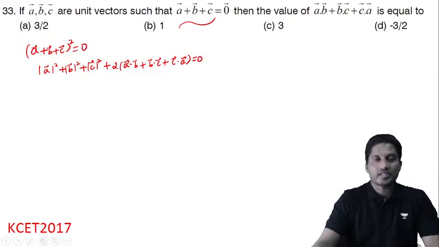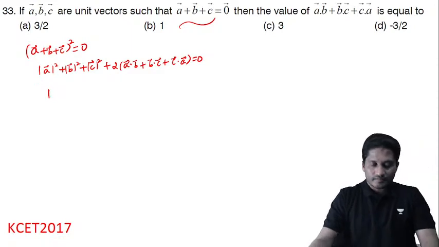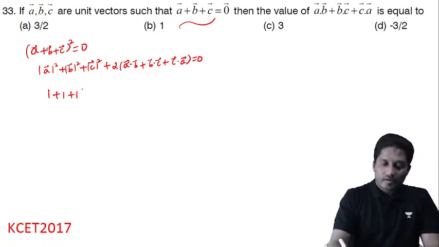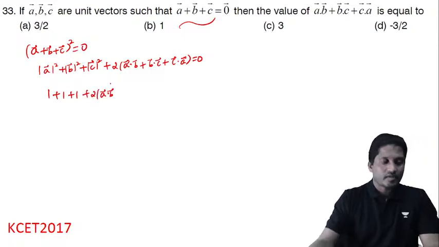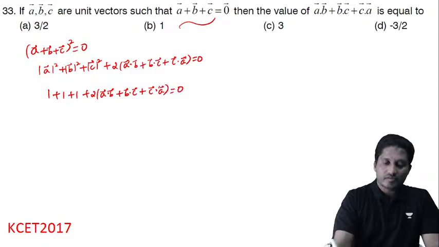It's given in the question that A, B, C are unit vectors. If it is a unit vector, so this is 1 plus 1 plus 1 plus 2 times A dot B plus B dot C plus C dot A is equal to 0. Plus 3 you shift to the right side.